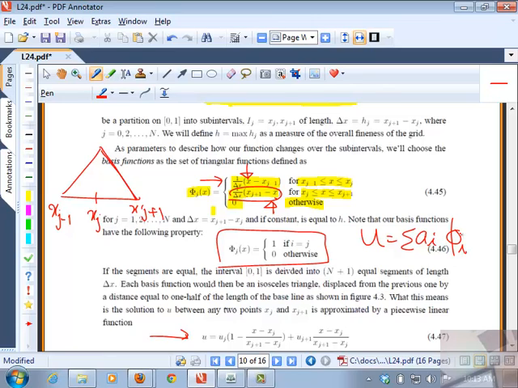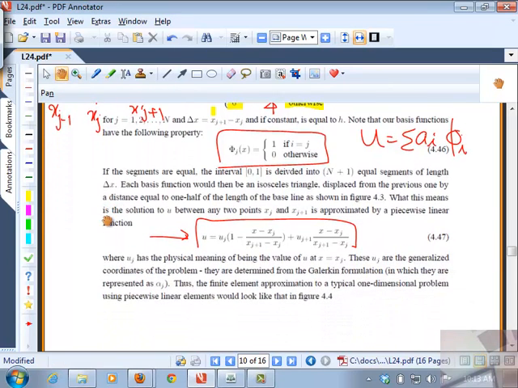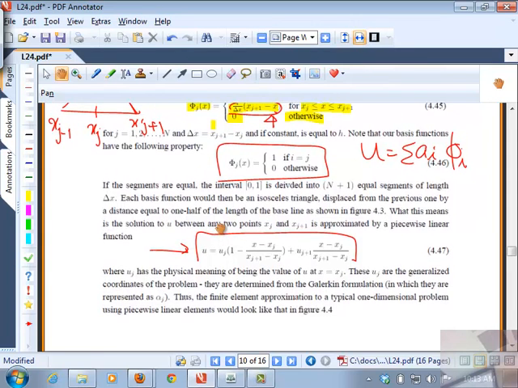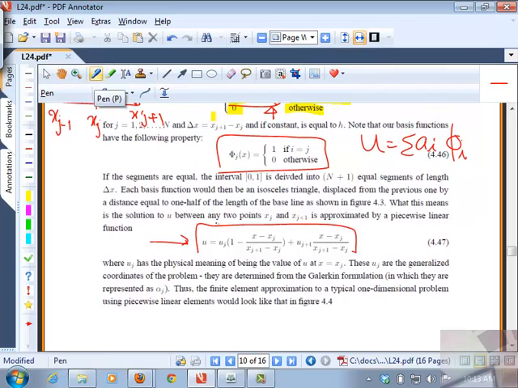If I write my solution in this form, and you understand that, the rest is exactly what we have done before. So what does this say? It says uj and u(j+1) are the unknowns that I want to find. Those are equivalent to my coefficients.